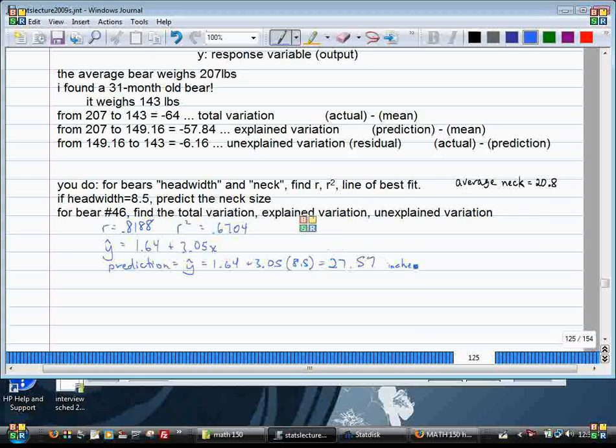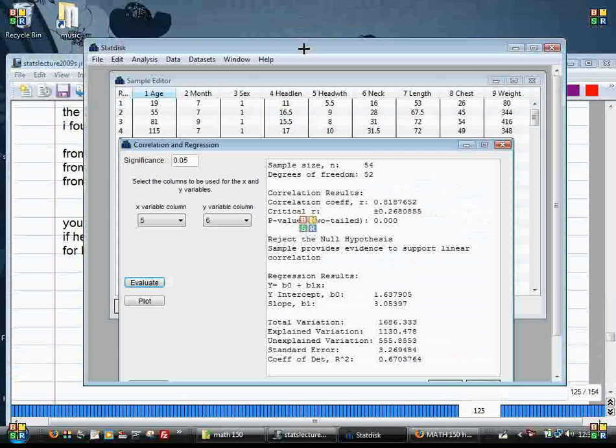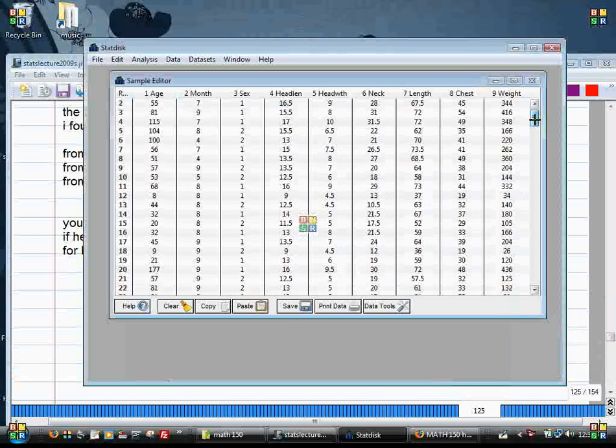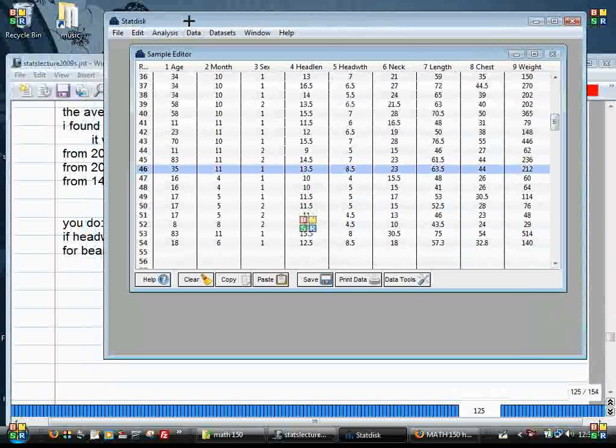Okay, good. Now for bear number 46, find the total variation, the explained variation, and the unexplained variation. So we got to go find bear number 46. Let's go get them. Okay. Bear number 46. So what information do we need for bear number 46? Exactly.